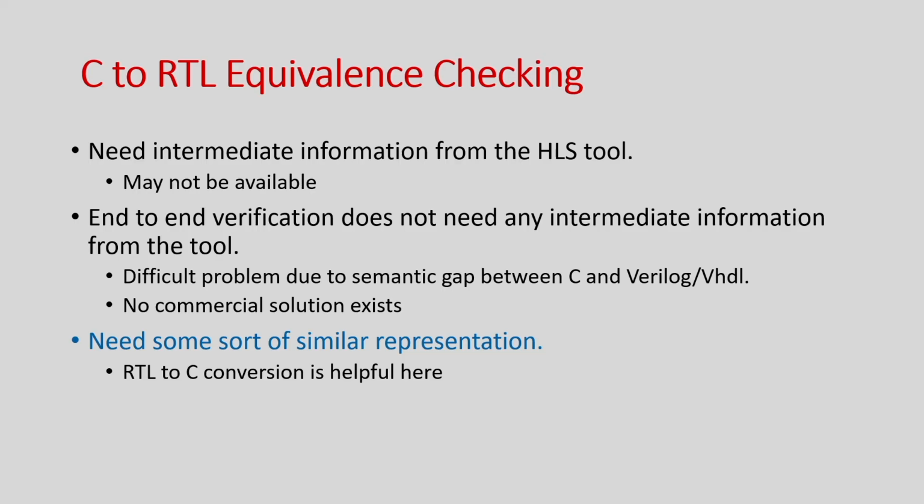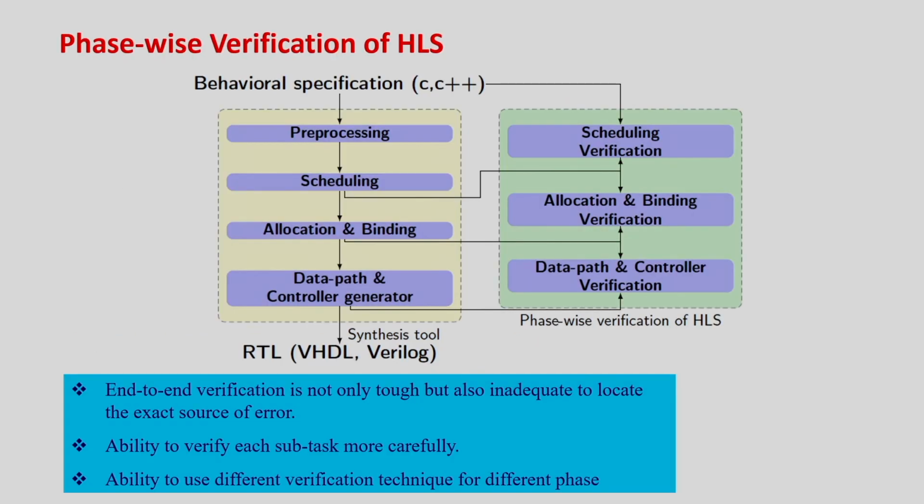But the disadvantage of the whole process is that you need the intermediate information, right. You need the scheduling output from the tool, and you need all the information after allocation and binding, right. This may not always be available, specifically for commercial tools, so verifying phase wise is difficult in such cases.